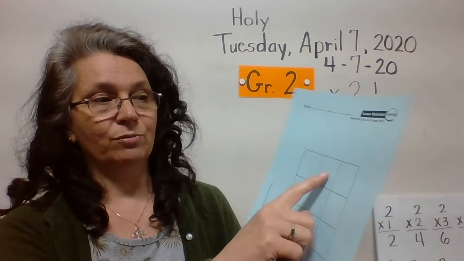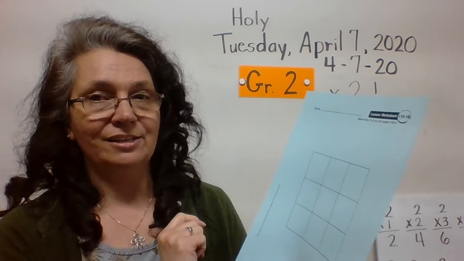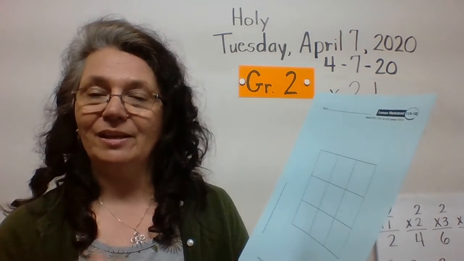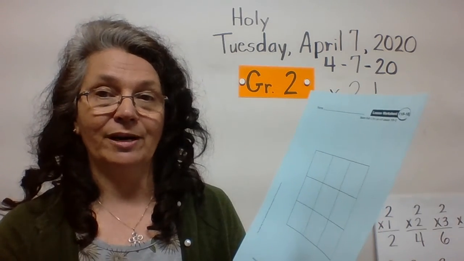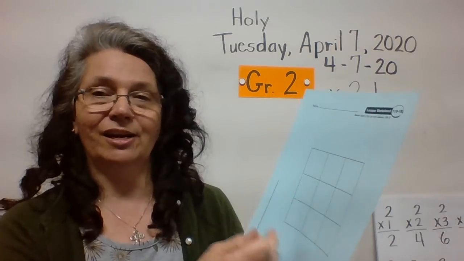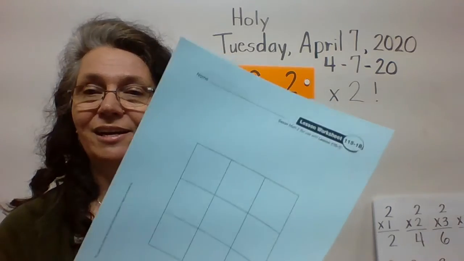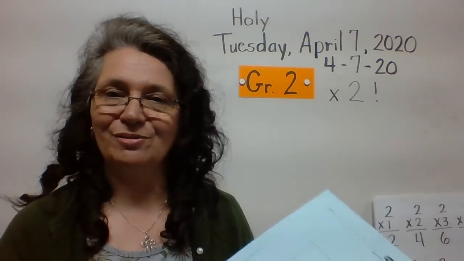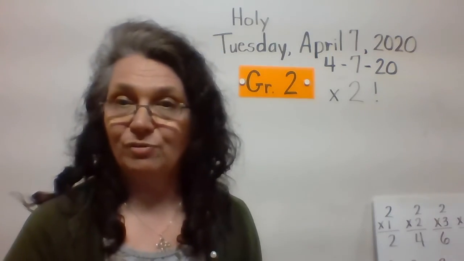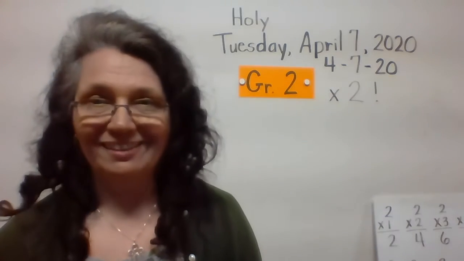And then you would write your answers in the box here. And then you would play a bingo game. And so then if you turn up the correct card and you have the answer on it, then you can cover it up and play a little bingo game. Maybe you could make more than one card and have your families play with you as well. And you can do that with your times fives or anything like that as well.